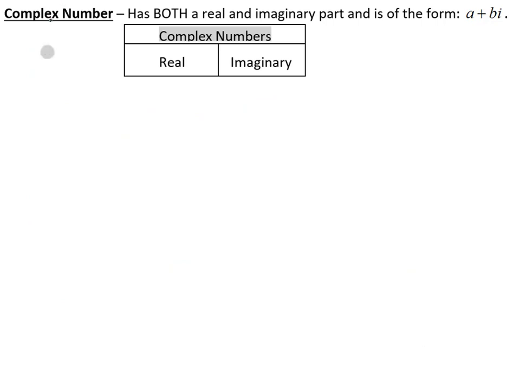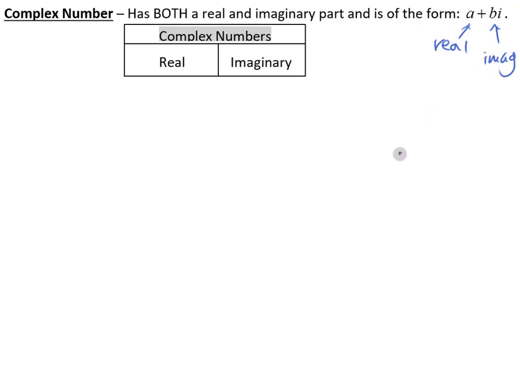Okay, so next up, we're going to talk about complex numbers. A complex number is really more broadly contains both a real and imaginary part. It's of this form, a plus bi, where a is the real part of our value, and bi is the imaginary part.